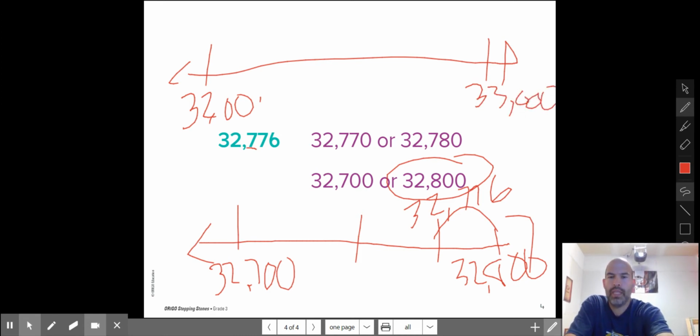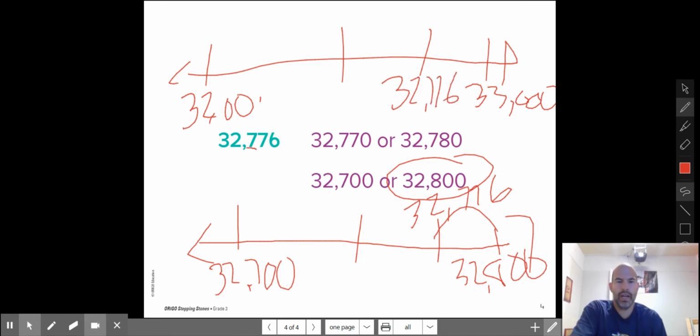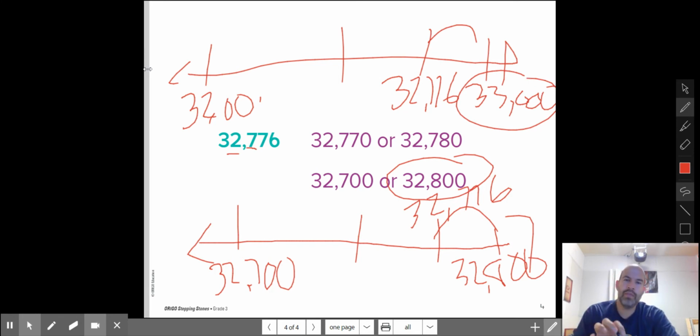And then if we were to place this number, it's going to fall somewhere about here, 32,776. Again, you can see when we look at the thousands place value and we look over to the hundreds place value, the 7 is greater than 5. So we're going to round up here to 33,000. Hopefully that little review reinforces what we did in Friday's lesson. And let's move on now.